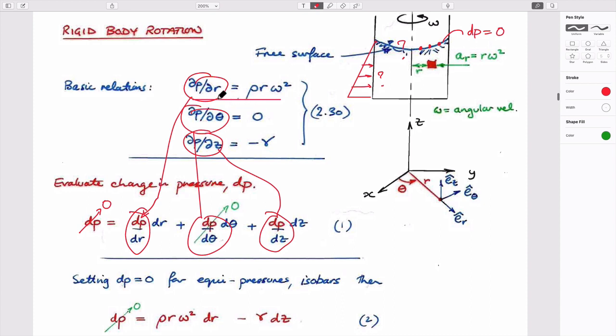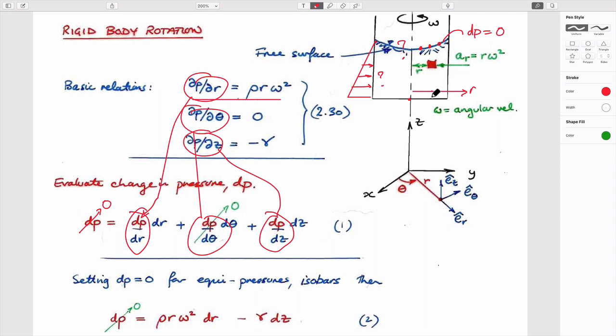This says that the pressure change as we go radially outwards varies with radius. So you could think of the pressure change as being a surrogate for the elevation of this surface. Not quite, but as you move along the base of this container, the pressure change as you go horizontally is 0 because radius is 0. This is the radius.